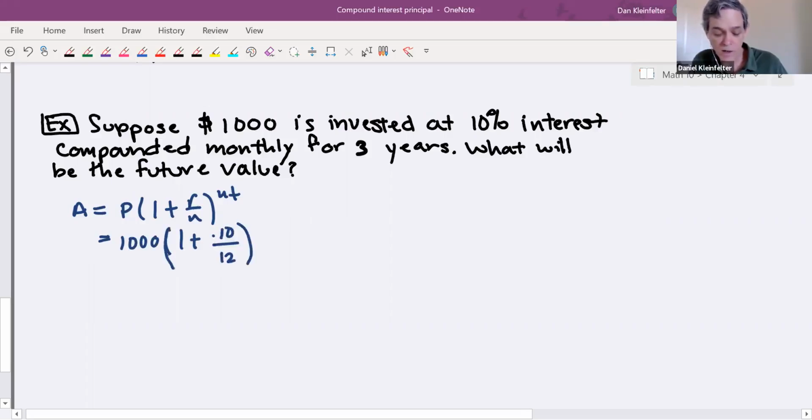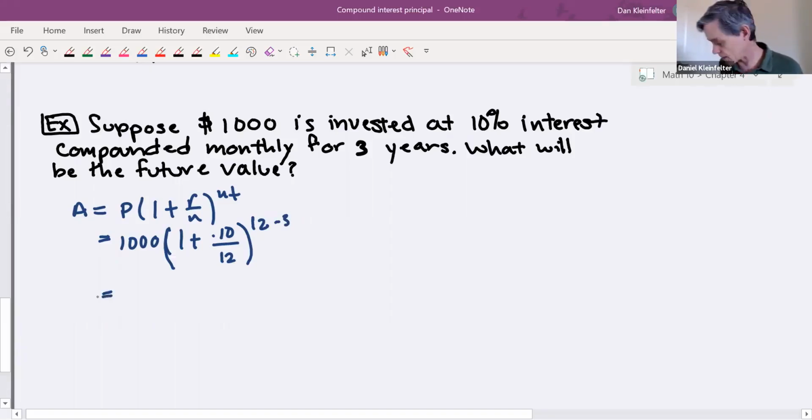So that's 12 times a year. And then in the exponent, it will be N, that's 12 times a year for 3 years. So what's happening is that exponent is now 12 times 3, or 36, because we're figuring out the interest 36 times, but our interest is now 0.10 over 12, which is 0.008, so a little less than 1% per month.